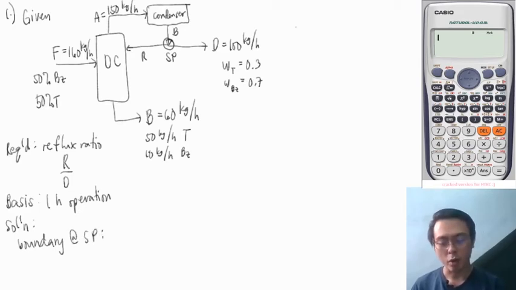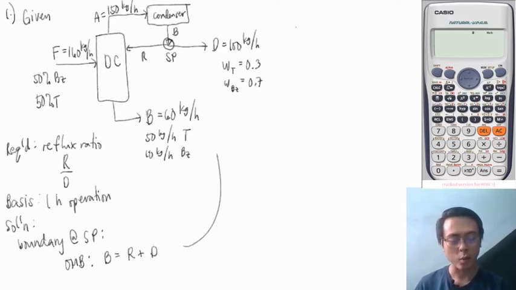So what is our OMB? B is equal to R plus D. But we have to take note that A is equal to B because it's just condensed. So therefore, we can say that our OMB is A is equal to R plus D. Substituting the values, we have 150 is equal to R plus 100.